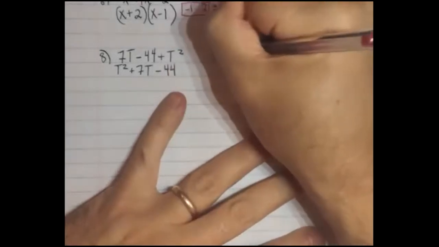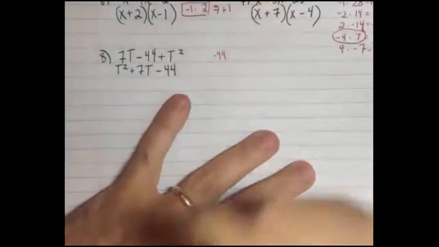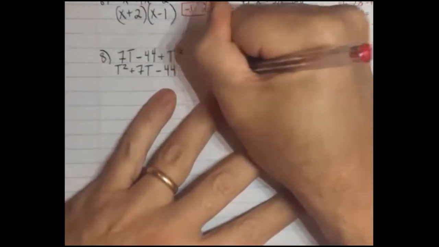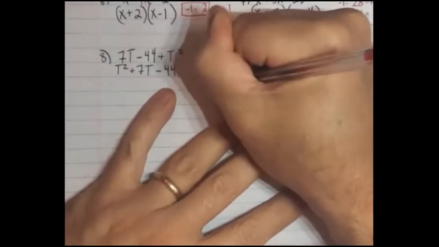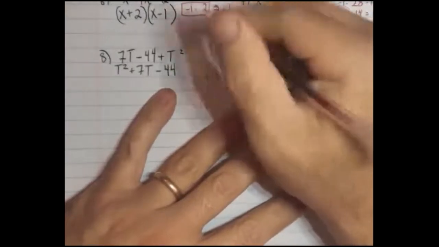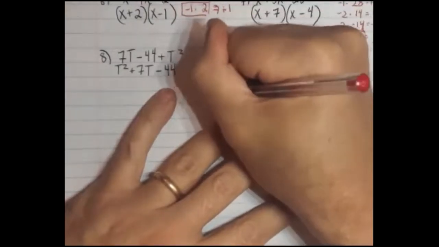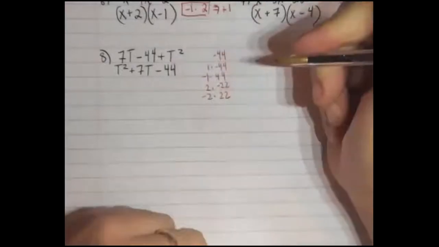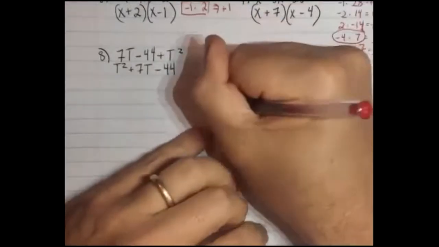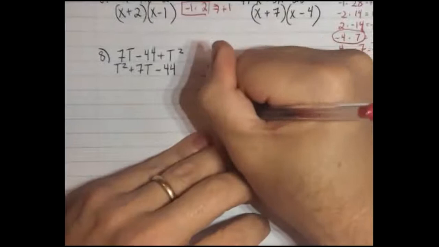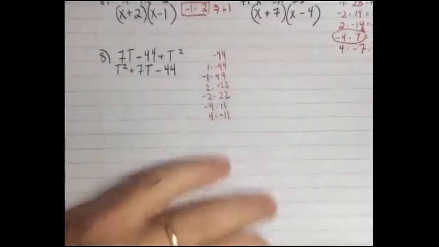Looking at the negative 44, factors of negative 44: 1 times negative 44, negative 1 times 44, 2 times negative 22, negative 2 times positive 22, negative 4 times 11, positive 4 times negative 11.